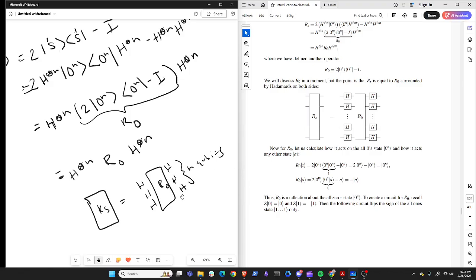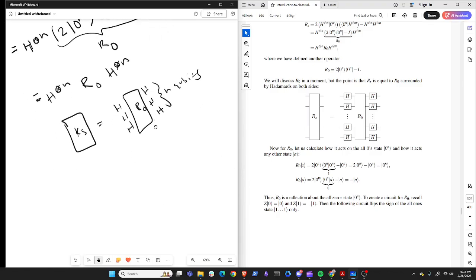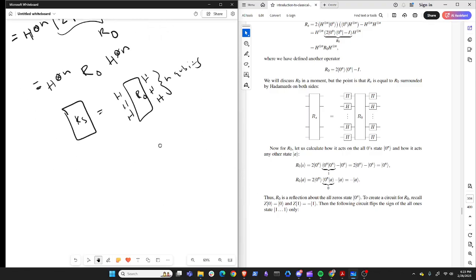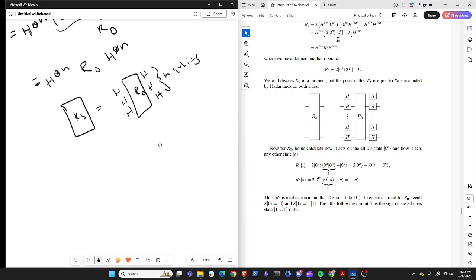For R sub 0, basically we can observe how it acts on the all 0 state and how it acts with anything else.